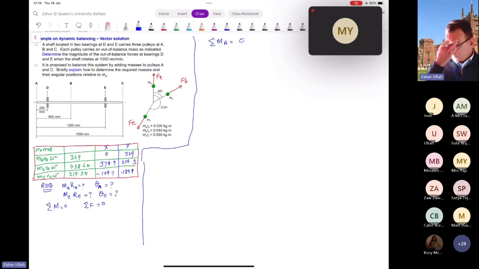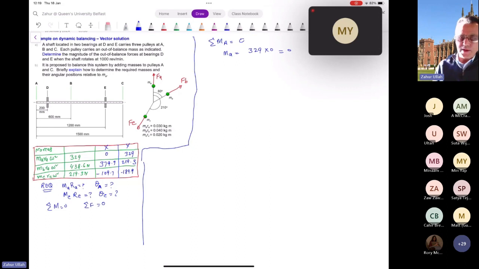Again, similar to the previous case, you will have to take the moments. If you take the moment from A, then because we have the FA, obviously it will be 0 because it's at this A, and the force is at A, so the distance is 0. So the MA will be 0 here, because this 329 into 0 will be 0.